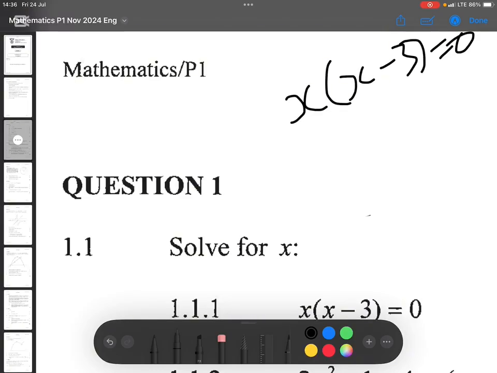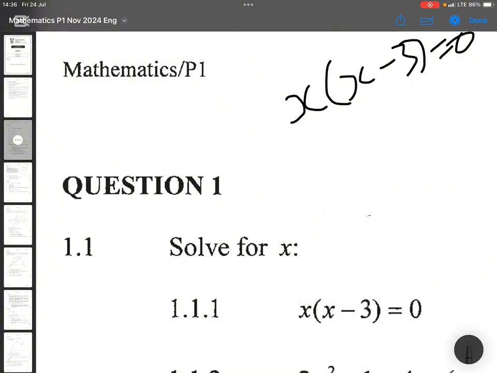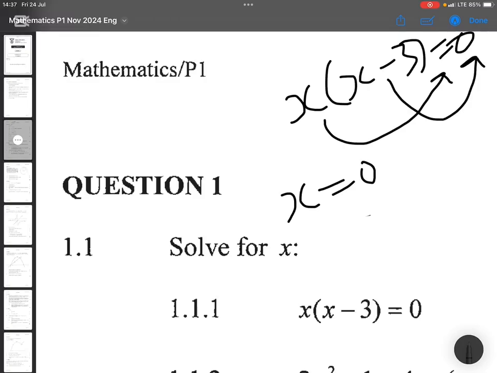What you apply now is the zero product property. When you have an already factorized quadratic equation, you assume that x equals 0 or x minus 3 equals 0.